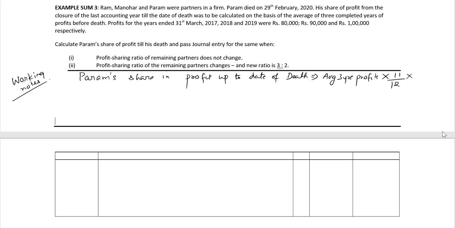There is no mention of the profit sharing ratio, so we assume it's equal. So Param's share in profit will be 1 divided by 3. So this can further be written as the average profits is 80,000 plus 90,000 rupees plus 1 lakh rupees divided by 3, which is again 90,000 rupees, multiplied by 11 divided by 12 into 1 divided by 3.